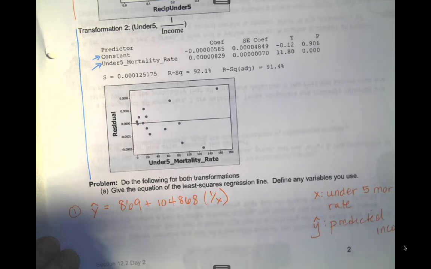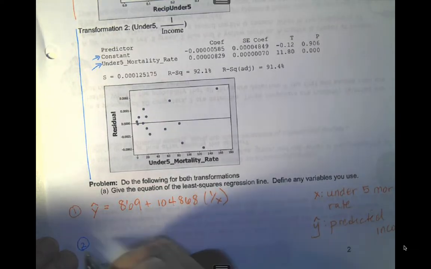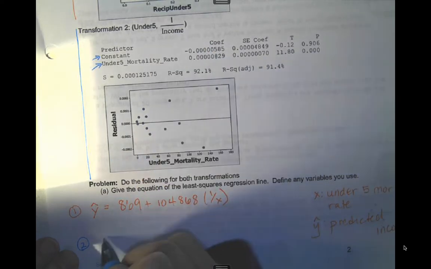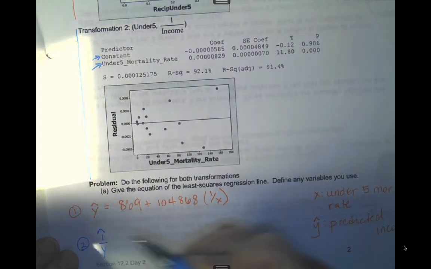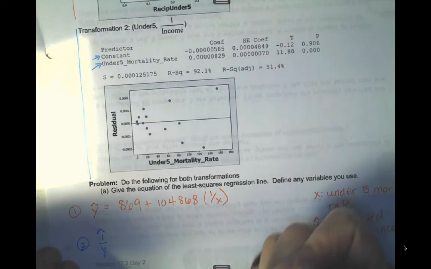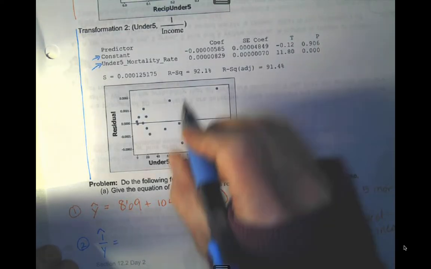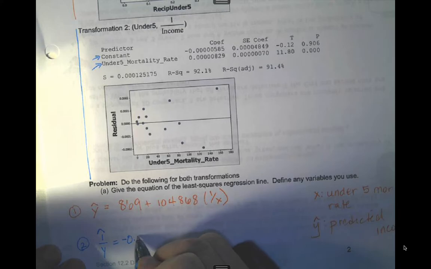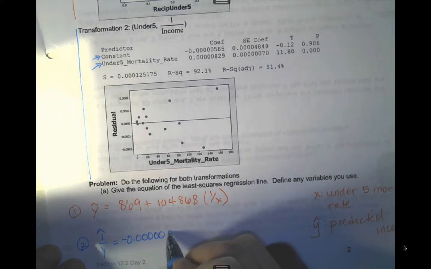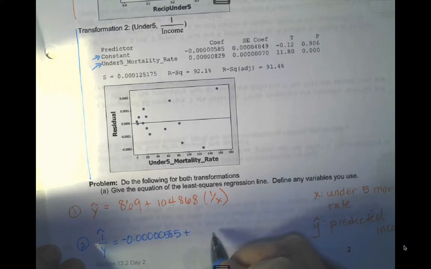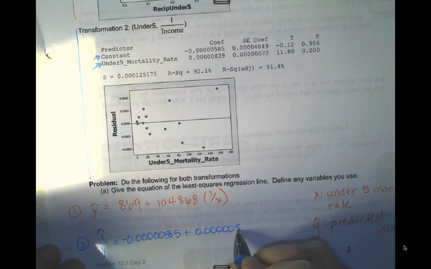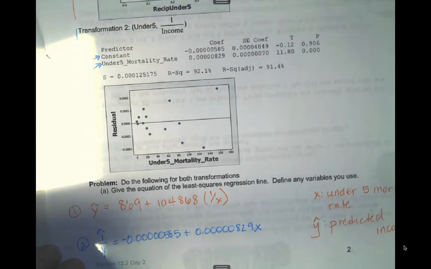In the second one, I don't have y hat, I have 1 over y, but there's a hat, so it's like 1 over y hat, I guess. There's 5 zeros after the decimal. And the x was not transformed here.